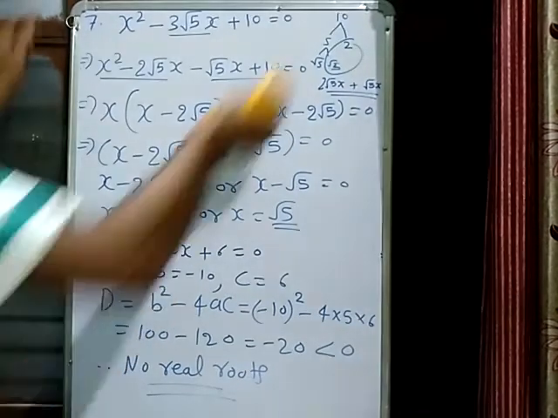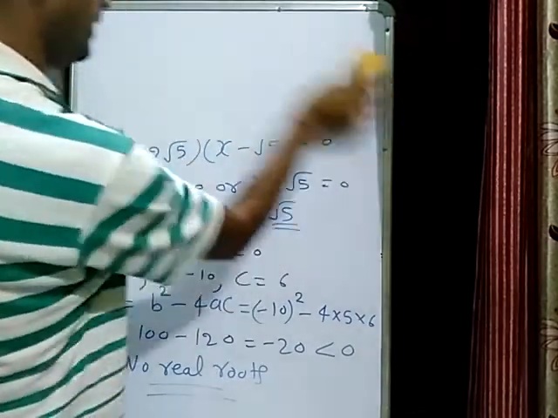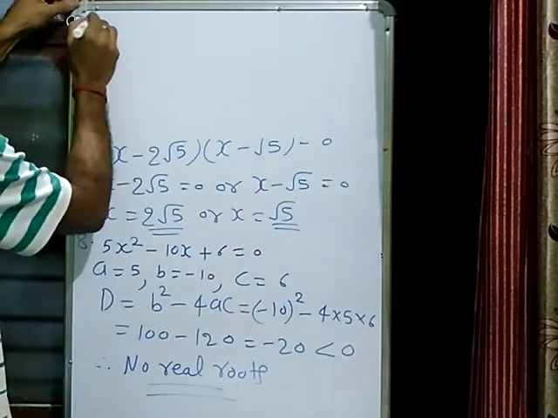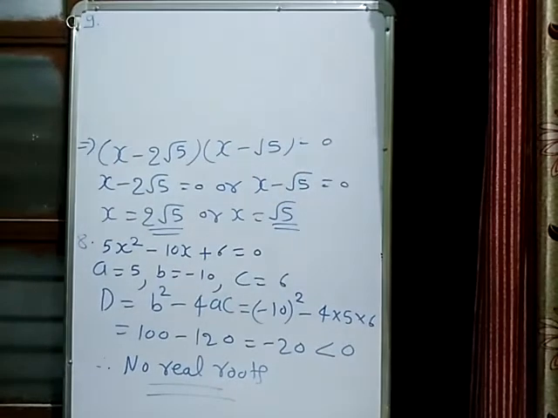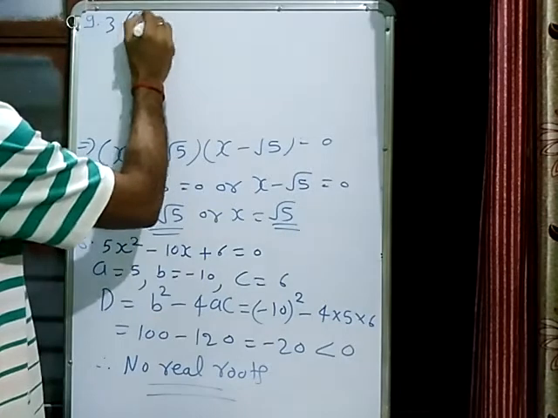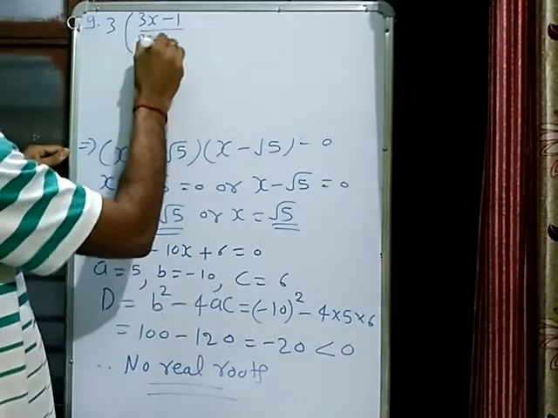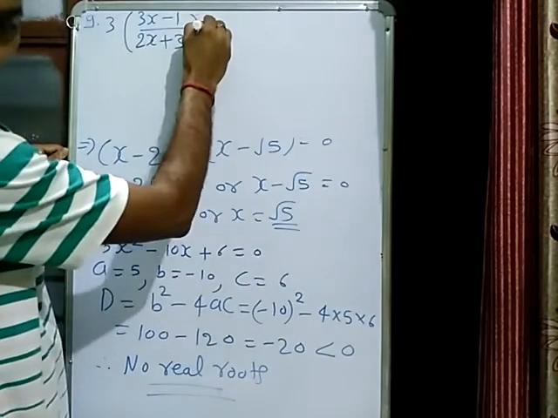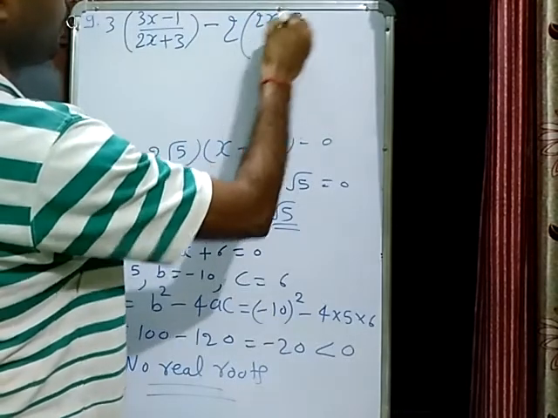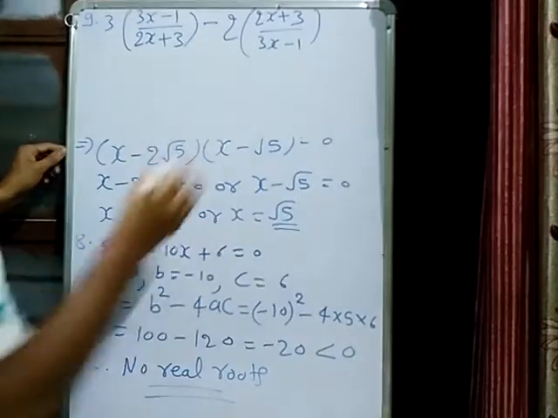Next question, question number 9. Question number 9 is also something different. It is given, solve: thrice of 3x minus 1 upon 2x plus 3, minus twice of 2x plus 3 upon 3x minus 1, is equal to 5.